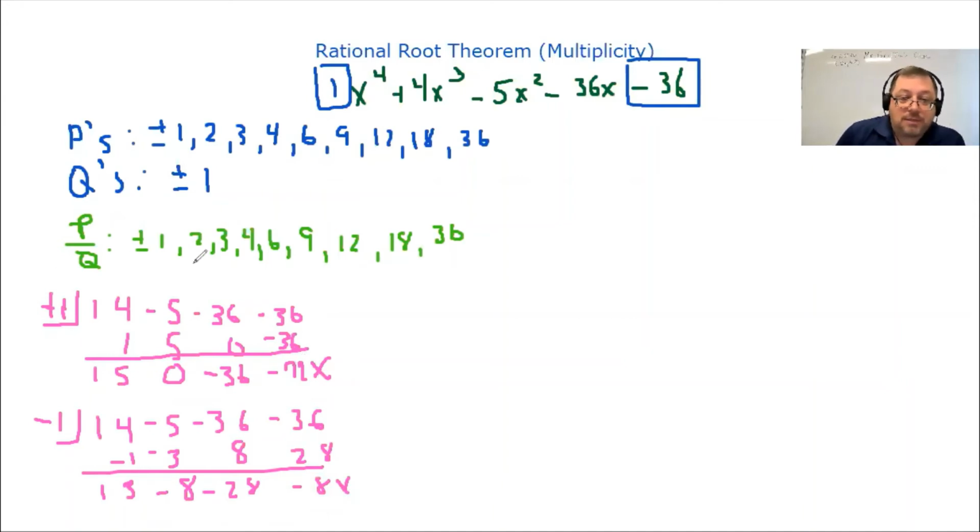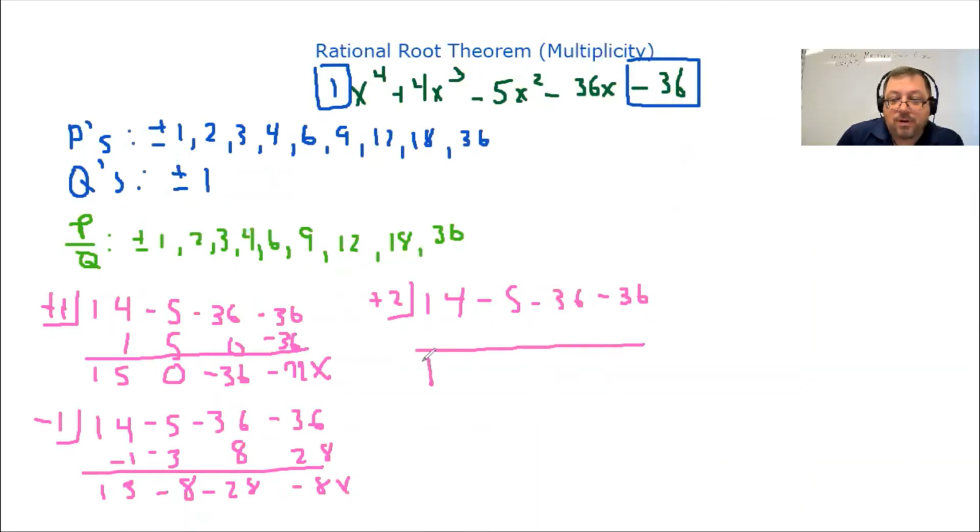Well, let's go next to 2. Okay, so let's try plus 2. Drop my 1, my 4, my negative 5, my negative 36, and negative 36. Let's see what happens with the 2. Bring down the 1. 2 times 1 is 2. 4 plus 2 is 6. 2 times 6 is 12.